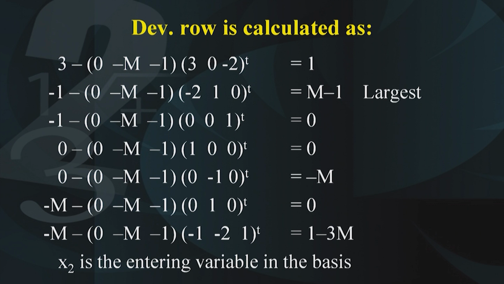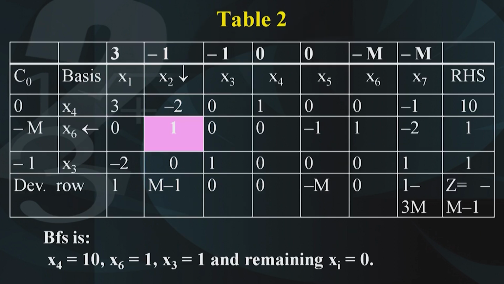All these entries will be recorded in the last row of table number 2, and you can see 1, m minus 1, 0, 0, minus m, 0, 1 minus 3m. These are all the entries which we have obtained after calculating the deviations.